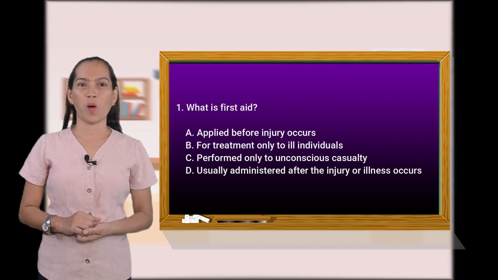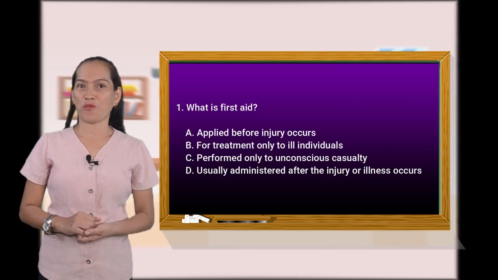Now, let us have a short quiz about our lesson for today. Listen as I read each question. Then, choose the letter of the correct answer and write it in your activity notebook. Are you ready? Okay, let's start. Question number 1.